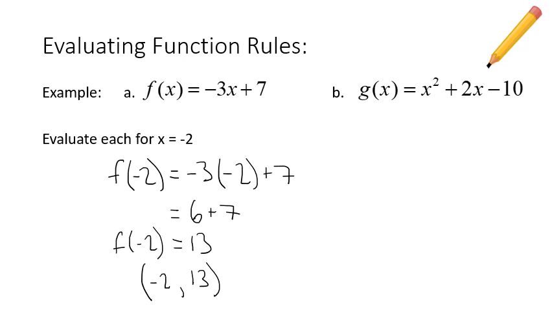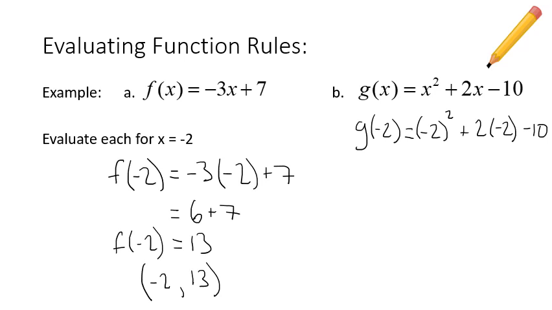Again, we want to evaluate g of x when x is negative 2 as well. So where I see an x, I'm going to input a negative 2. So putting in a negative 2 anywhere I see an x would give me the following. And I'm going to evaluate. Okay, I'm going to do my exponents.